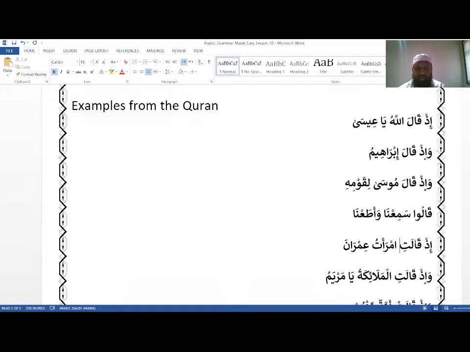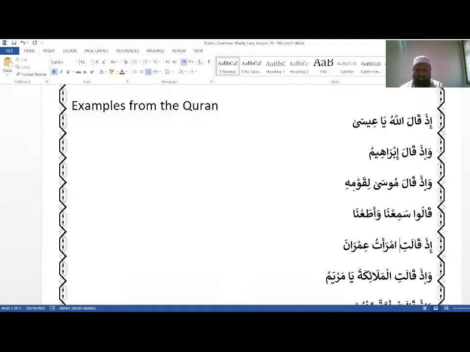Jama mukassar. See, malakun, when it comes to jama, the pattern of the singular breaks, which is called a broken plural. Al-malaikatu, although the ta is coming at the end, this ta is not the sign of muannas.